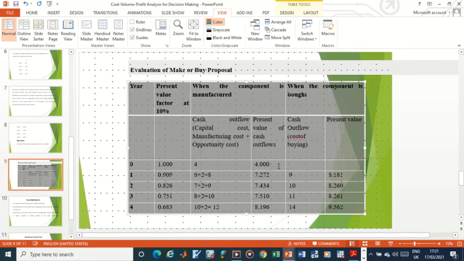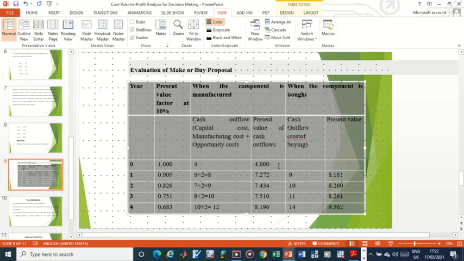And this will give us the present value of cash outflow if Adefolaju decides to manufacture the product. When all these figures are added together, it will give us 34.412.